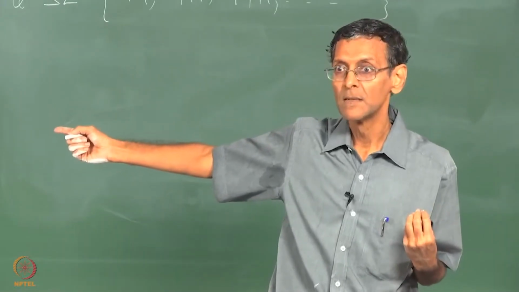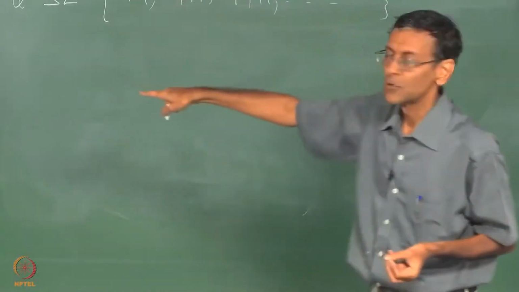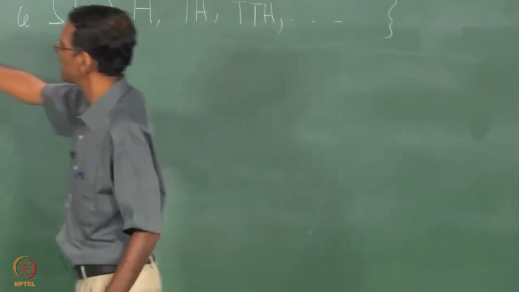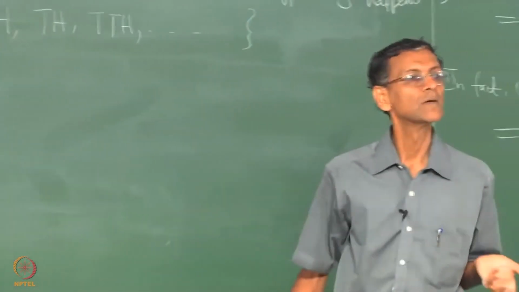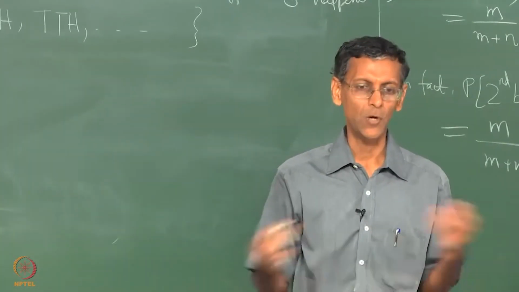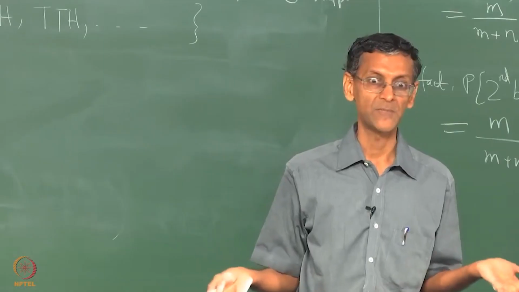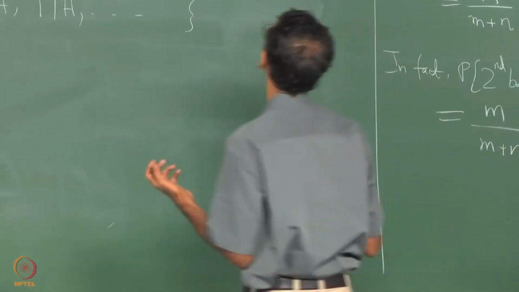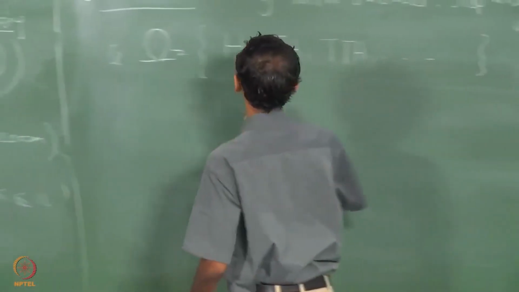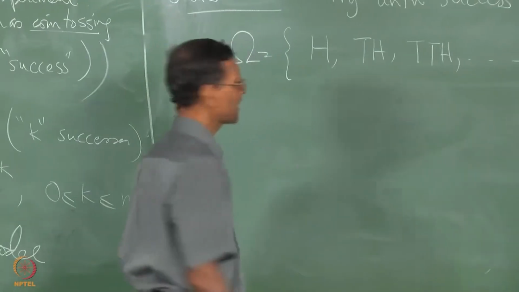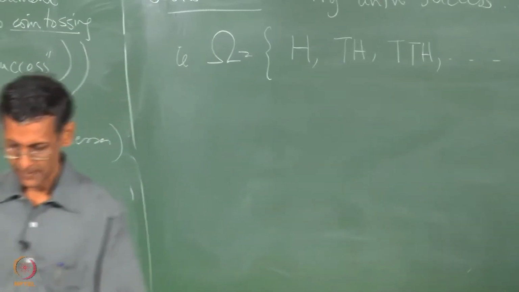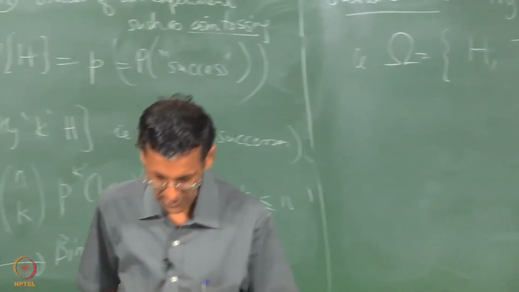Here the compound space omega has 2 power n points. In the geometric case it is not really a compound space, because it is not constructed as the Cartesian product of elementary spaces. Nonetheless, you can look at the probability of this first success occurring at the kth trial, or let us say at the nth trial.